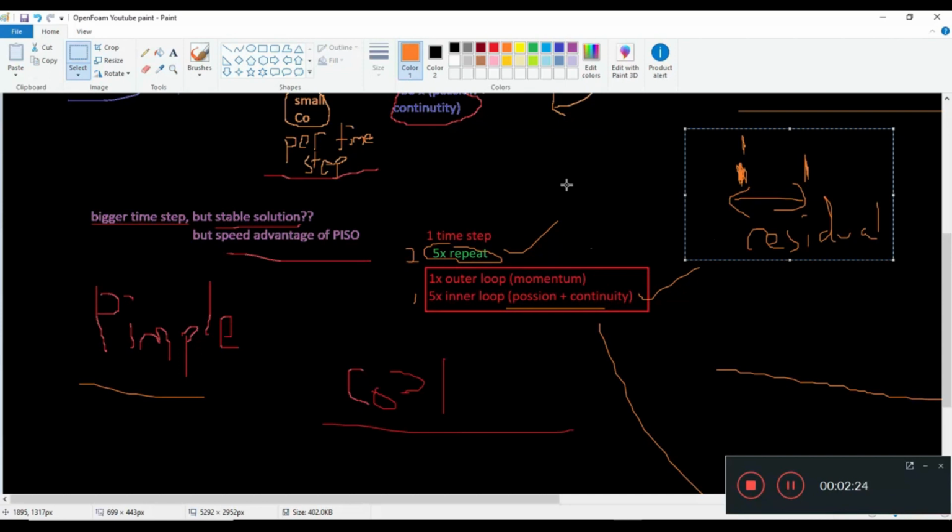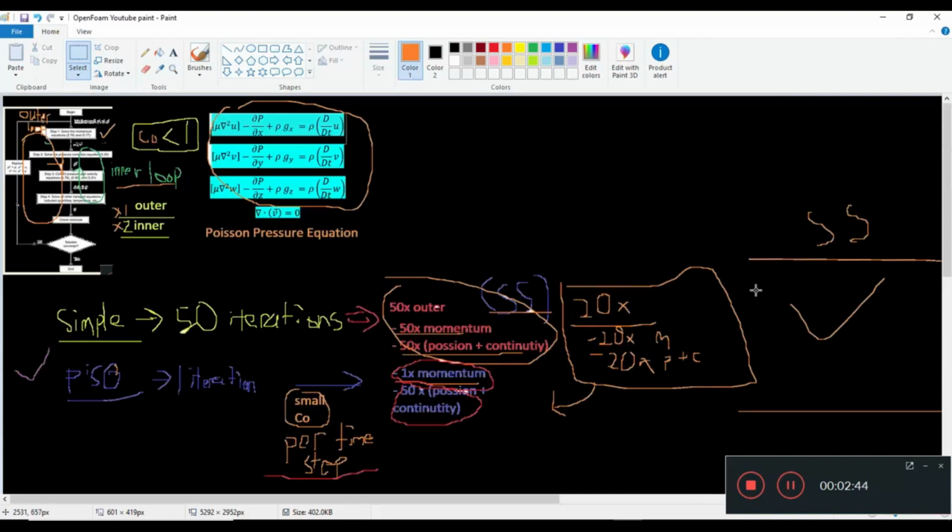If it's a small residual, as you can see, if your nth guess is this and your n plus 1th guess is what I just clicked here, then you can say your solution is more or less converged. I hope you are familiar with this; it should have been elaborated in the last few videos.